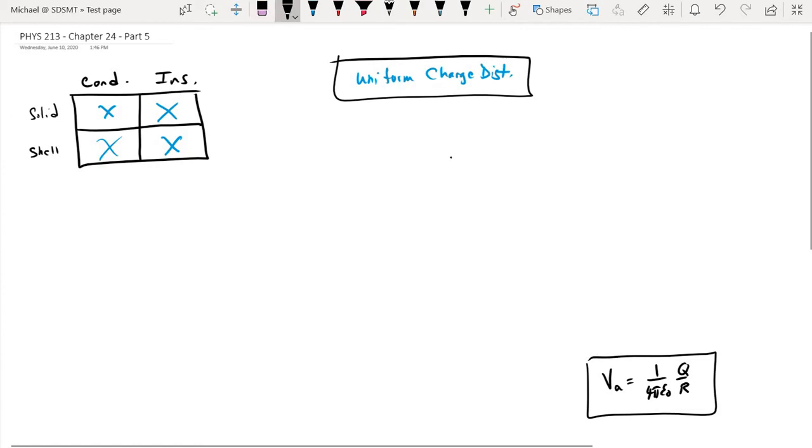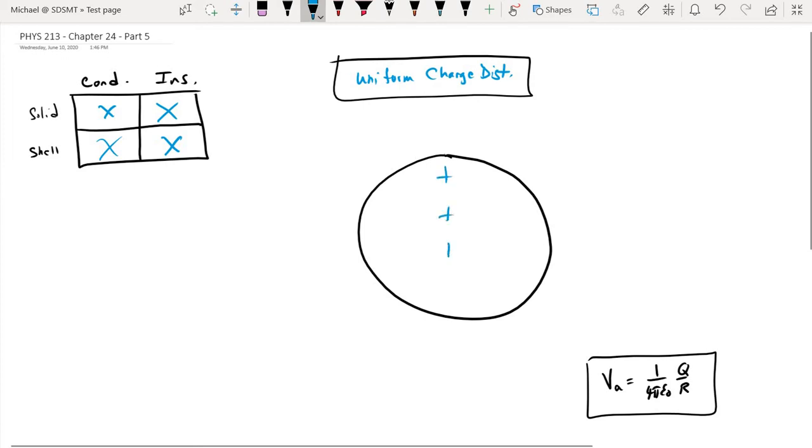And if you remember doing this for the solid insulating sphere in trying to solve for the electric field, in this case, Gauss's law was able to sample some of the charge, and so we were able to produce an electric field expression.